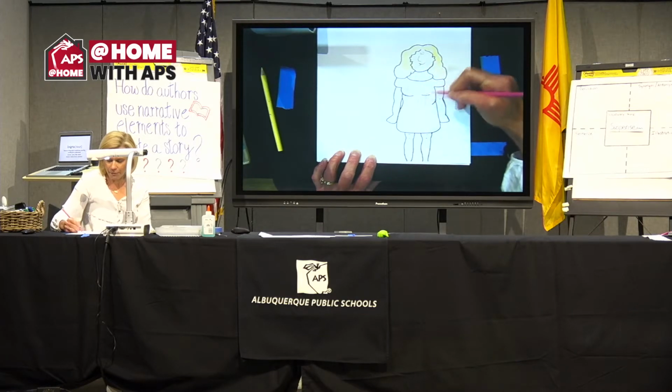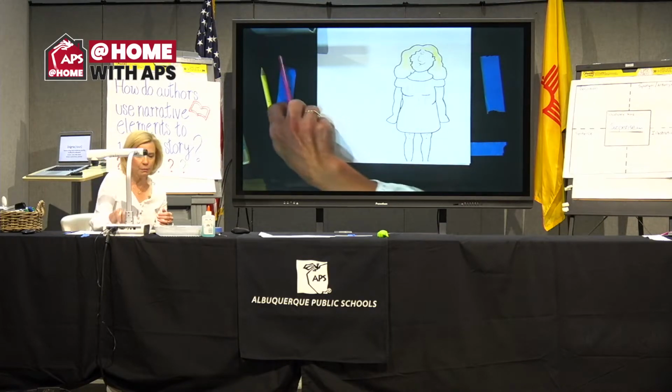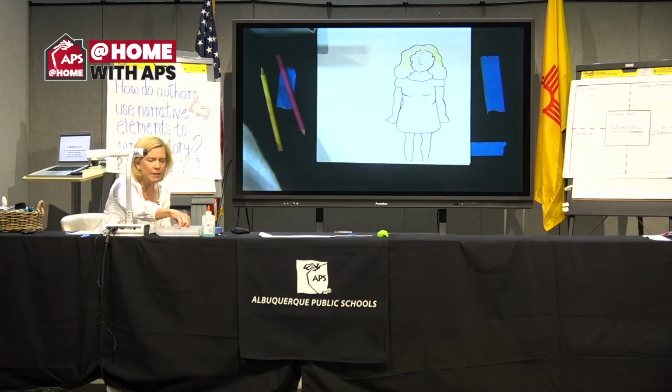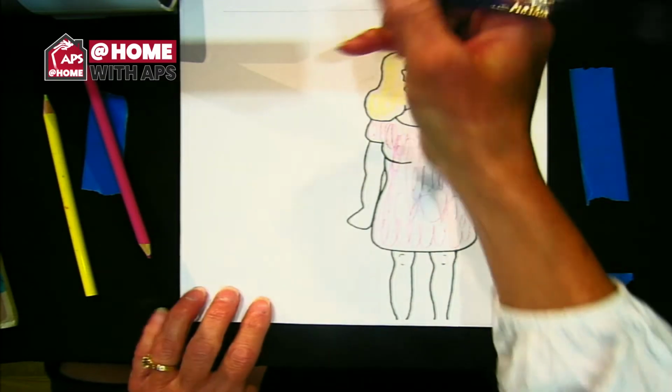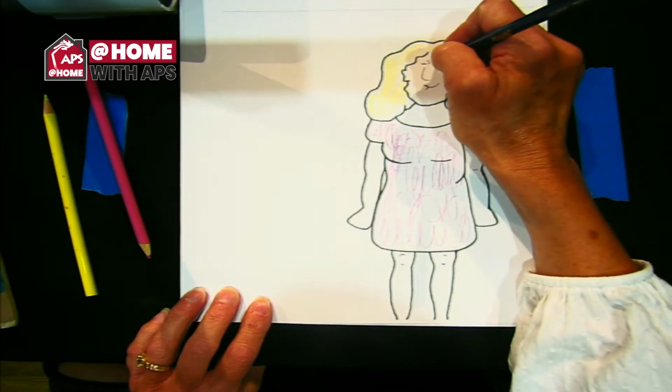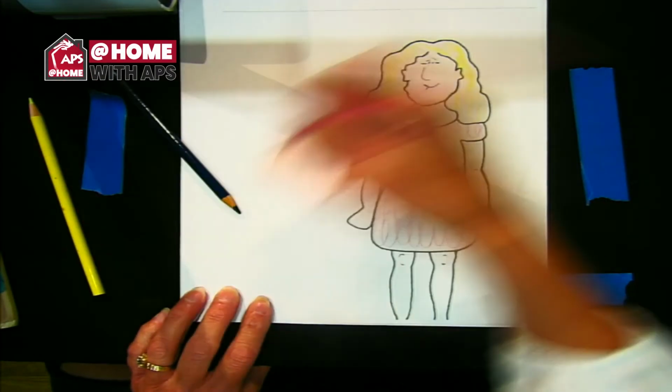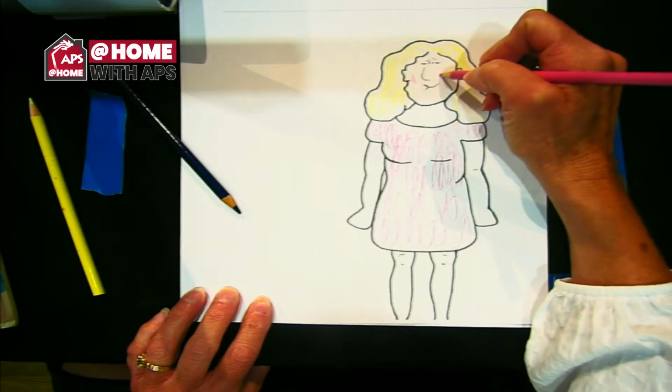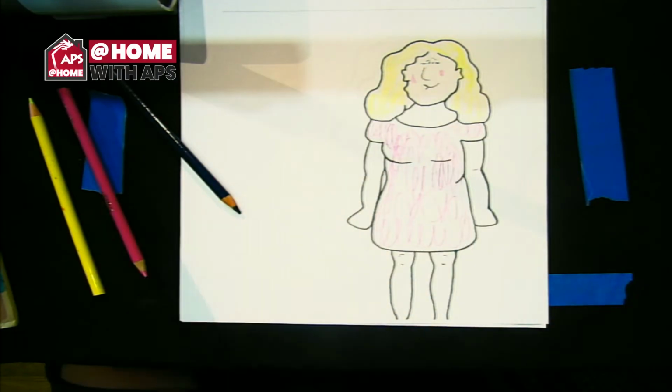I'm going to do mine fairly quickly, but you want to take a little bit more time in doing it. It's always fun to have an art project to do. So I'm going to give her some blue eyes. And I saw in the pictures that she had some pink cheeks. So there's my Miss Nelson.